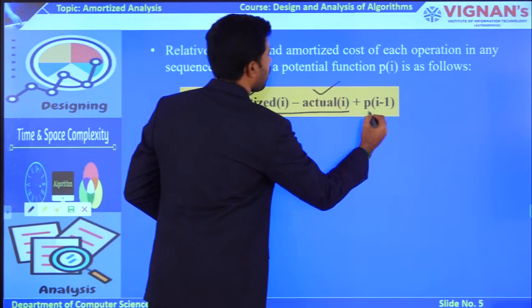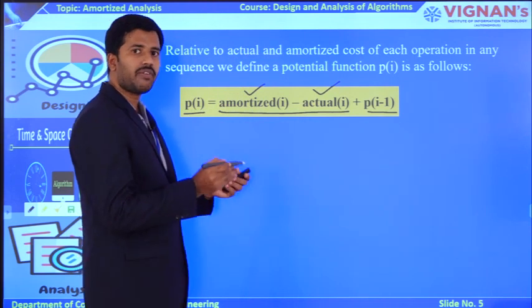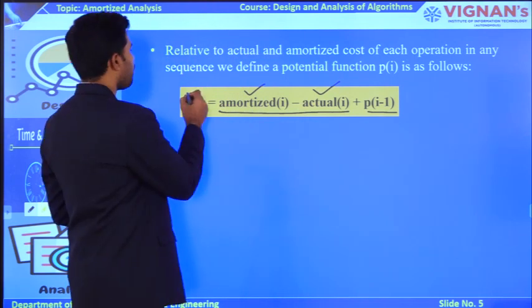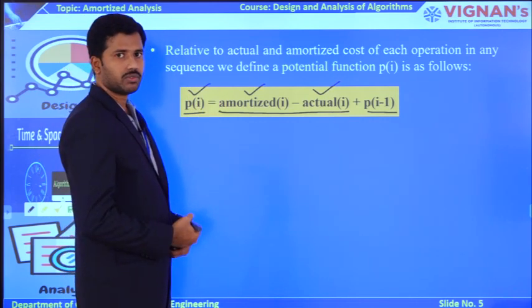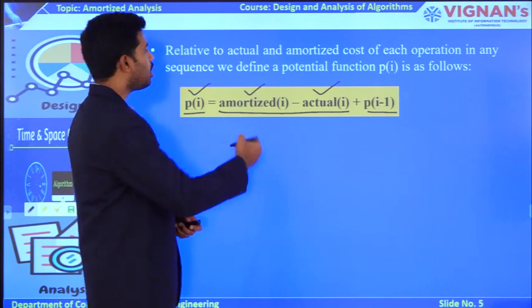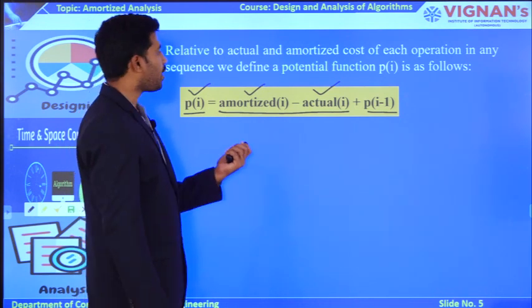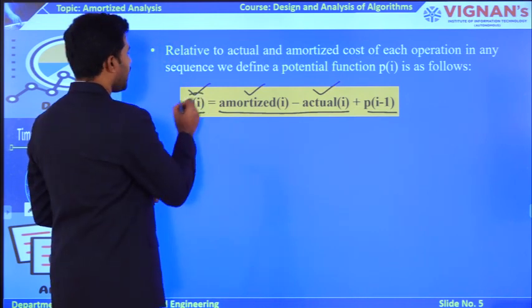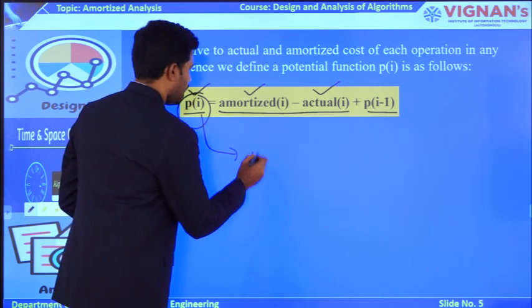And what about this P of I minus 1? This defines the potential cost for the previous operation. Then only I can get the total cost for the current operation, right? Okay, so based on this principle only, you have a potential function. Now we try to find out. So this P of I is giving the potential function for the ith operation only.